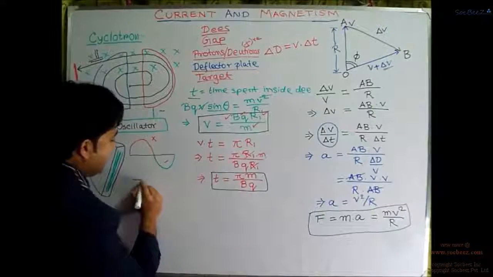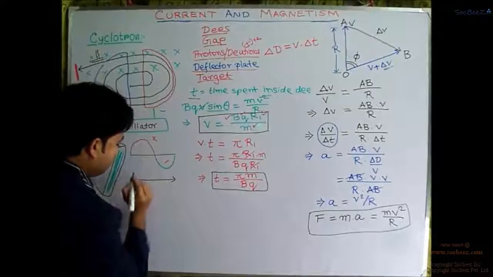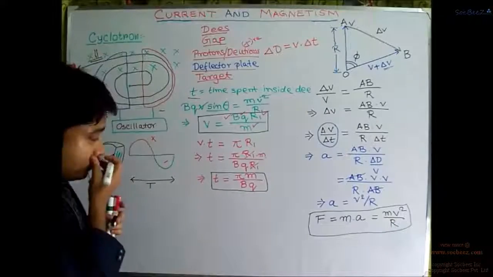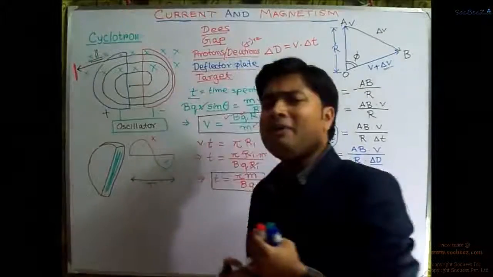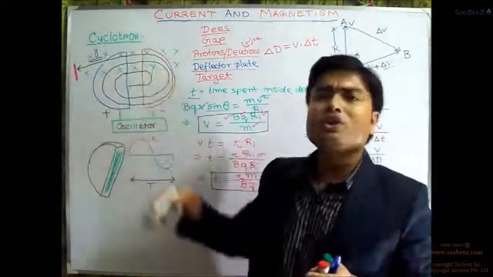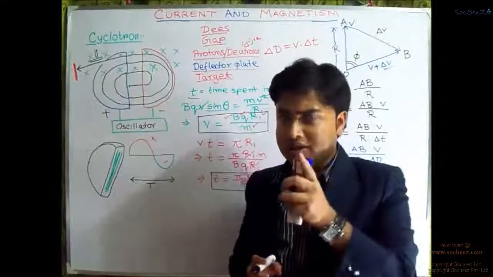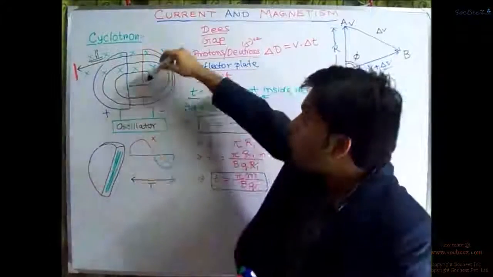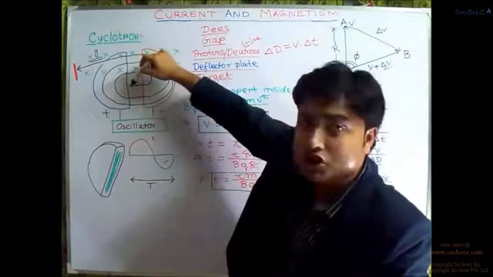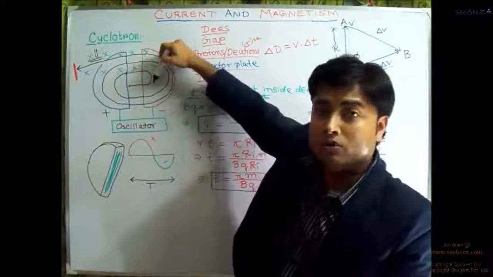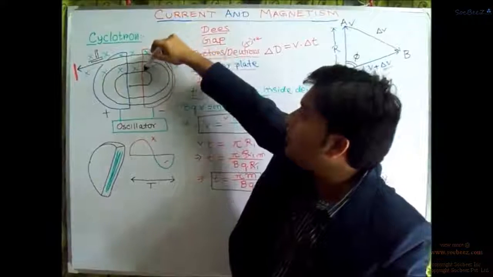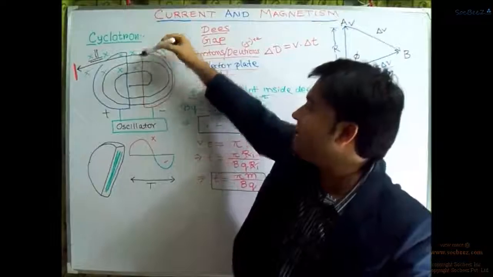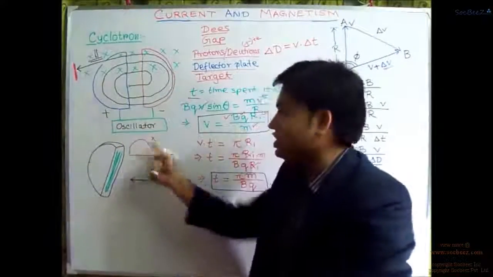Now, if the entire time period of this kind of wave is capital T, then for how much time is this half revolution taking place? The half revolution is taking place for that time only when, say for example, this was positive, it entered into the negative. So this will remain over here, and when it is just on the verge to exit, it will see that it has changed.